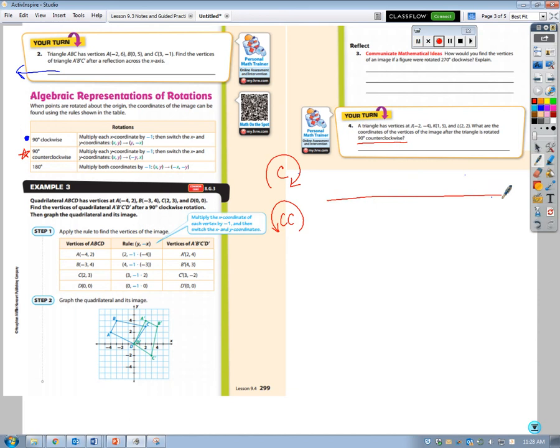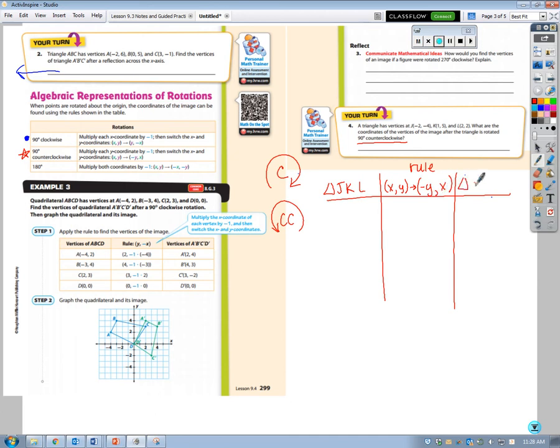All right, and setting up my little table. So I've got my triangle, J, K, L, my rule, which is (x, y) as my original, and that is going to be, I'm going to multiply my y coordinate by -1, and then I'm going to switch them. So I'm going to end up with (-y, x).